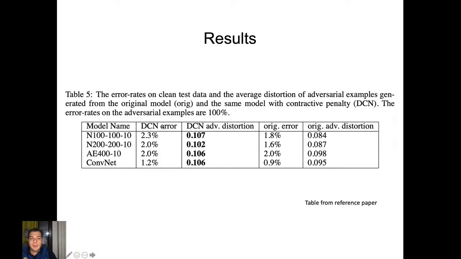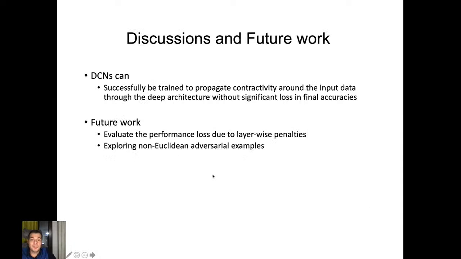So when you add that regularization term on the clean data, you get some increased error rate, okay, but here if you look at the average adversarial distortion necessary to reach 100% error on the adversarial examples, you will see that generally you need higher distortions in order to generate these examples.